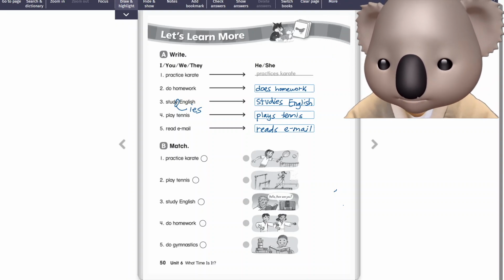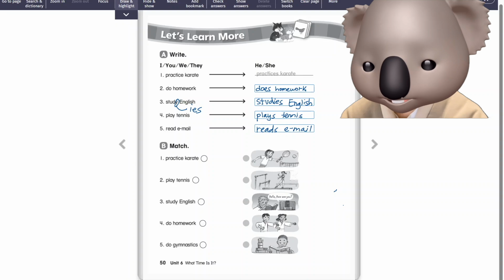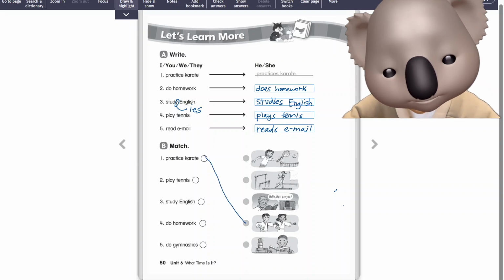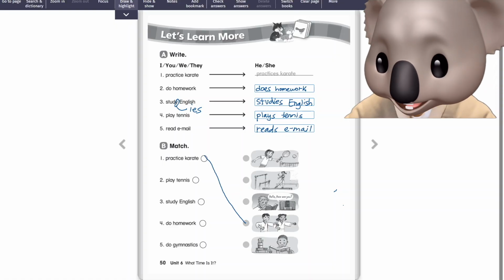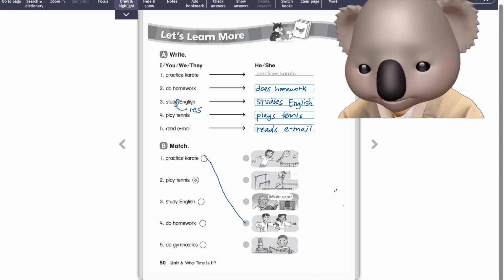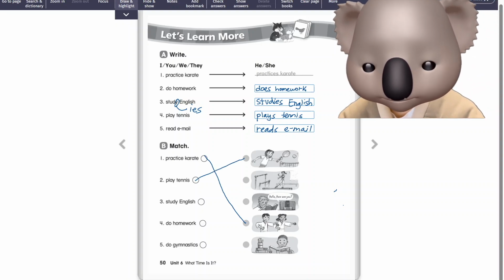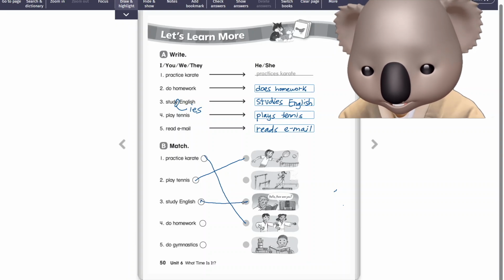Number 1, practice karate. We'll match it to the picture. For numbers 2, 3, 4, and 5, I'd like you to do it and we'll check your answers. Ready to check? Number 2, play tennis. Number 3, study English. Number 4, do homework.